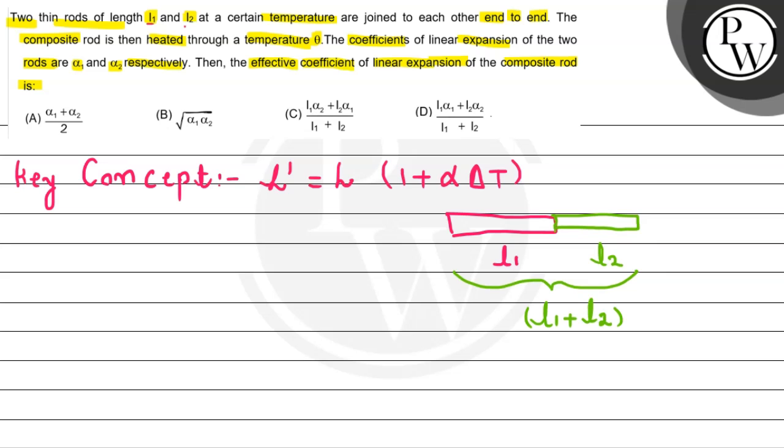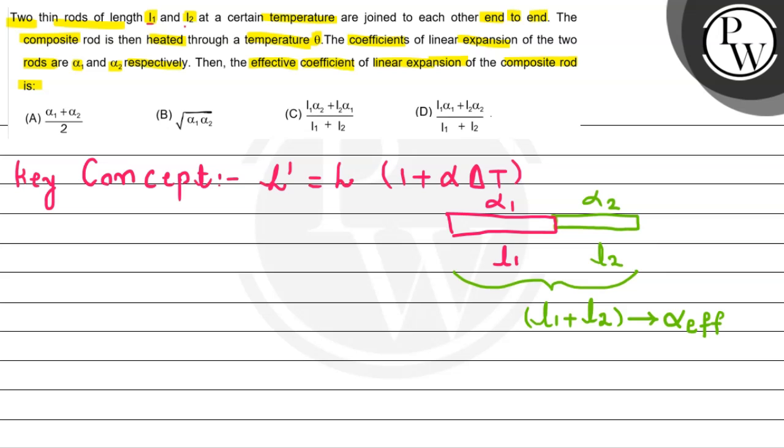For the first rod, the coefficient of linear expansion is given as alpha 1, and for the second rod it is alpha 2. We have to find the effective coefficient of linear expansion for this composite rod. So let's suppose the effective coefficient of linear expansion is alpha effective.